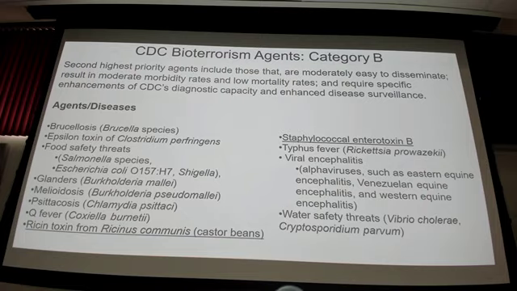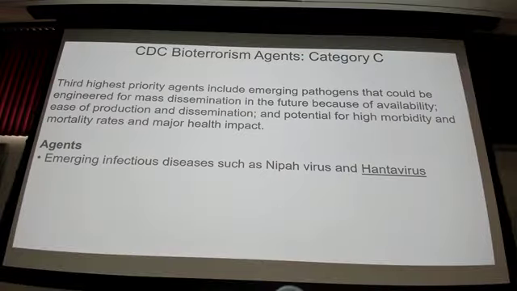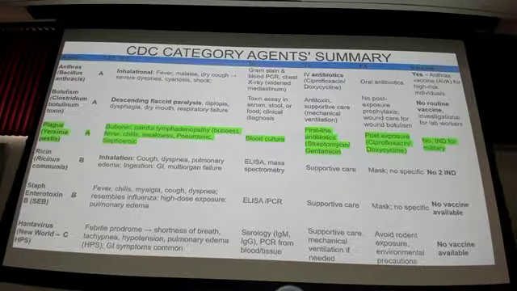What's the treatment for SEB? Supportive care. Absolutely. Good. You know all this stuff. And then finally, category C, we talked about hantavirus, and is there a treatment for hantavirus? Nope. Good. And then here's just a summary of those.